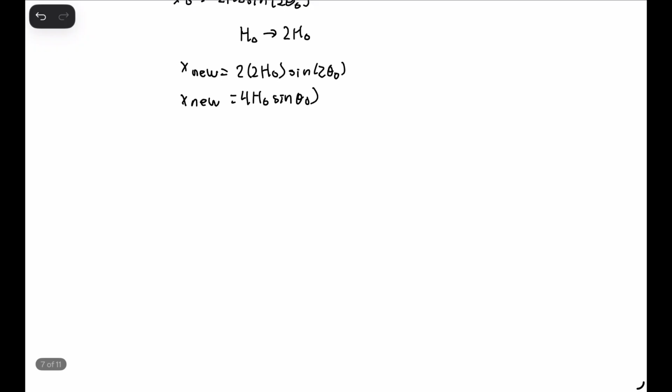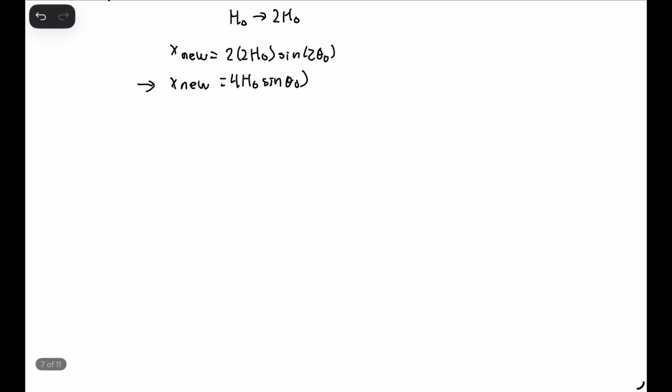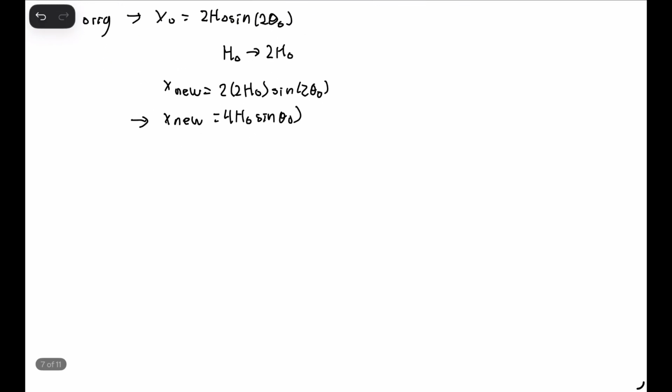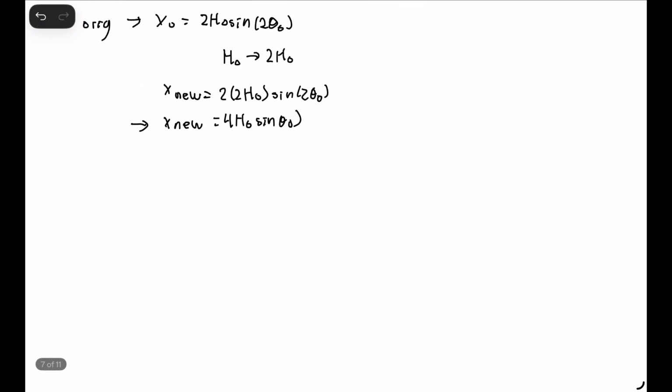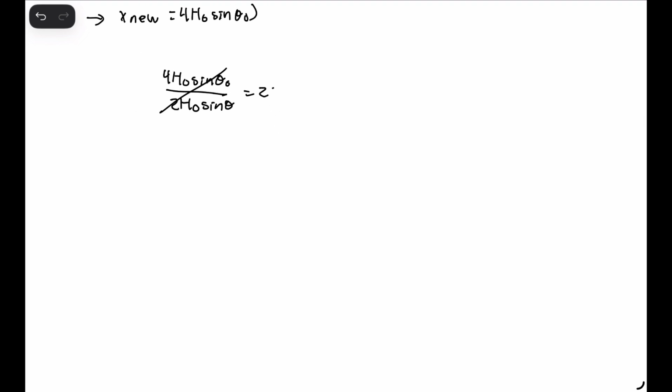So our original one was here. Our new one is here. So that means that we can see that if we took the ratio of those, that would be 4h initial sine theta over 2h initial sine theta. So then this is equal to 2, a ratio of 2 to 1. Therefore, x new is equal to 2 times x initial.